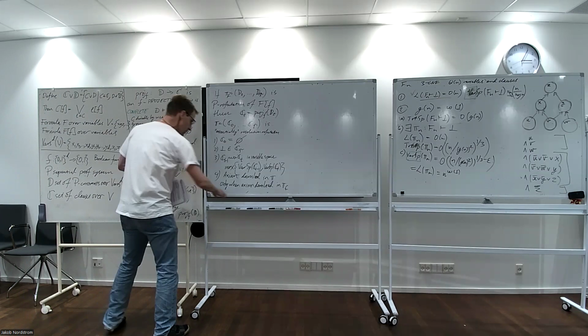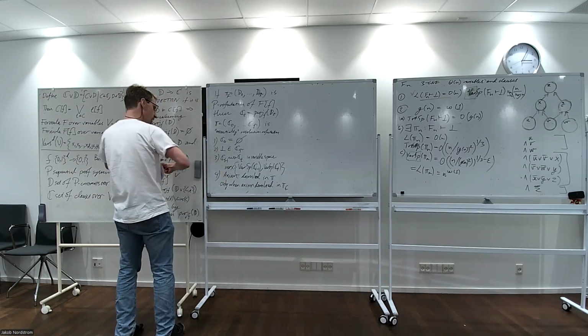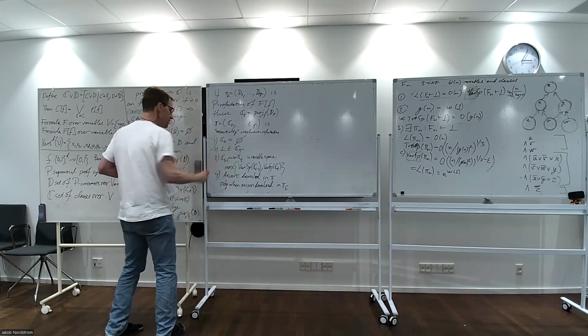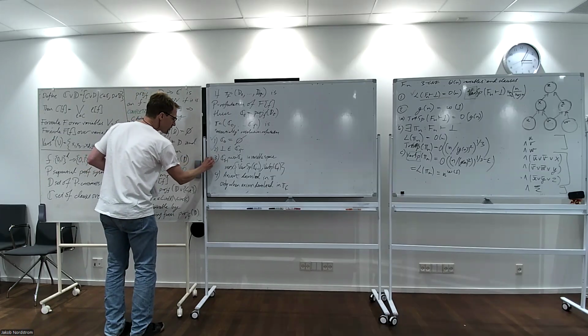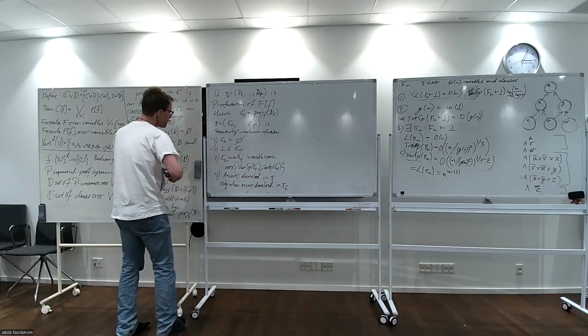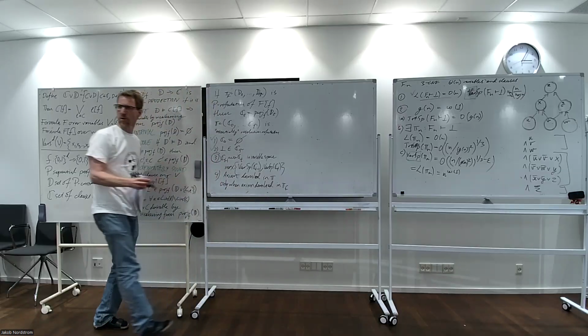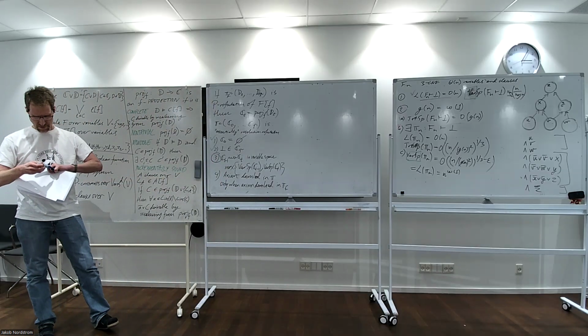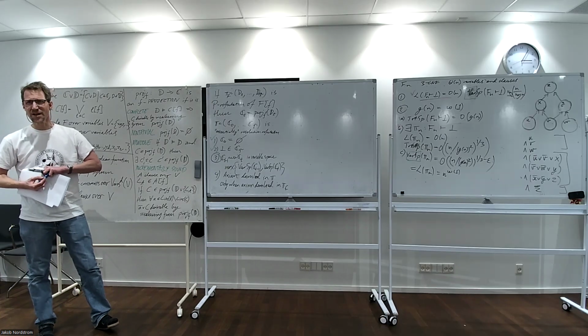Okay, so this is easy, this is easy. This requires a little bit of care, and I was planning to cheat you on this. It's not super hard, it's a little bit annoying, but it's not really that fun.